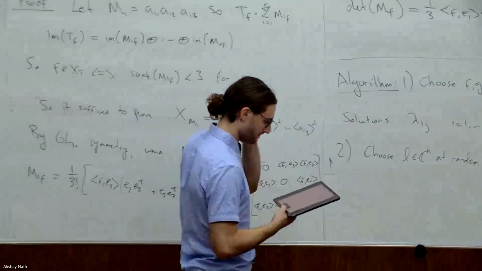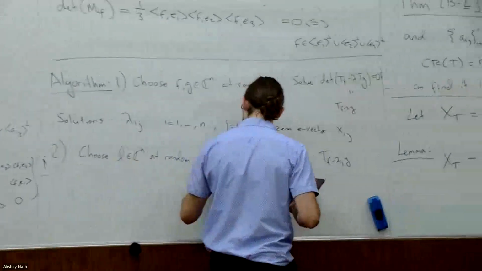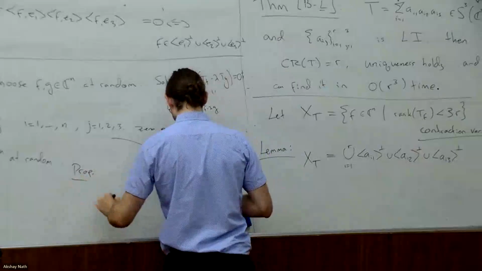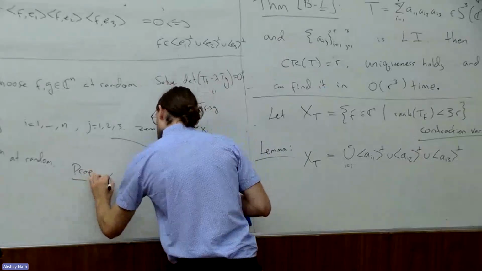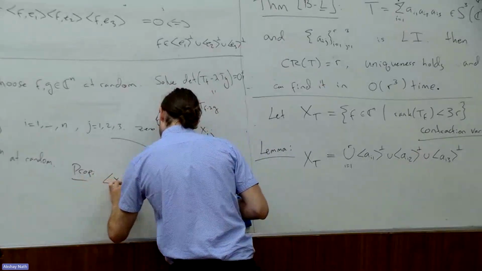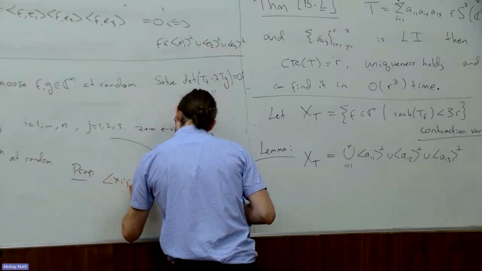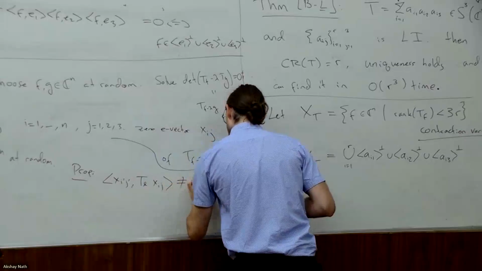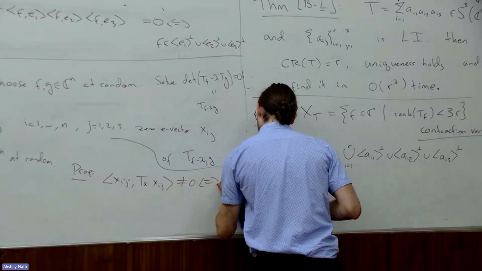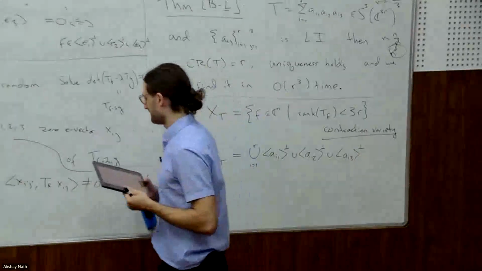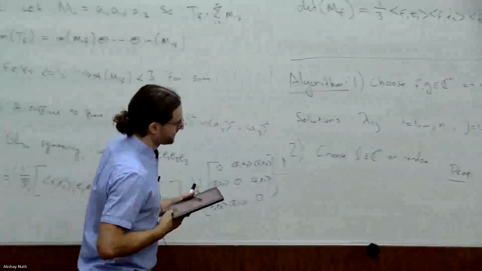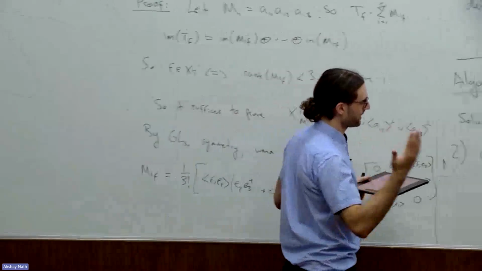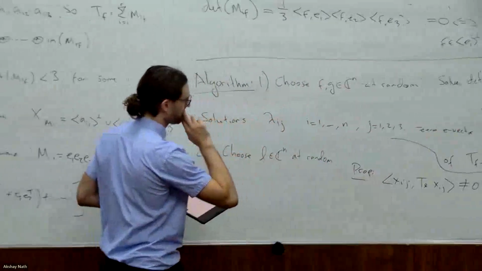And then we have a proposition that the inner product of xi prime j prime with TL xij is non-zero if and only if i equals i prime. So I'm taking two of these eigenvectors.